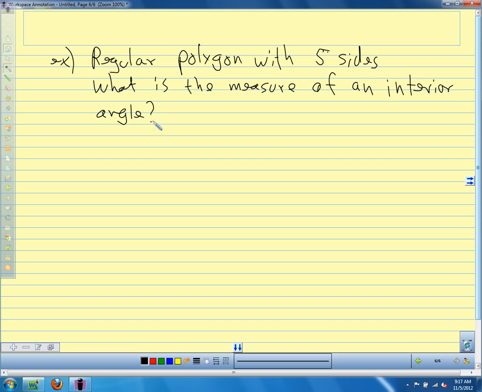All right, so we have a 5-sided polygon. It's a regular polygon with 5 sides. We want the measure of one interior angle.